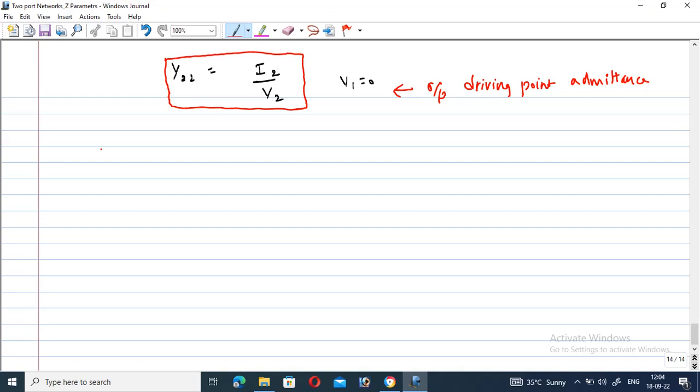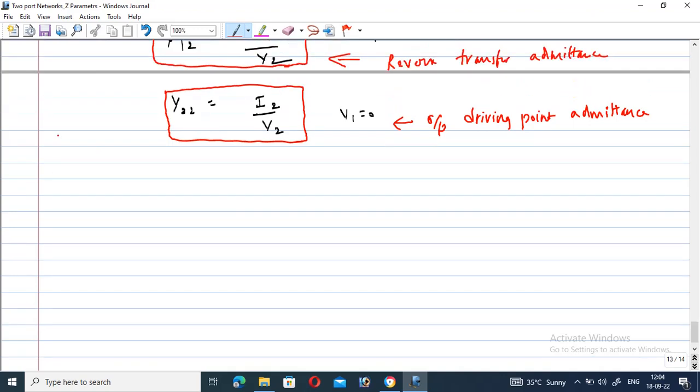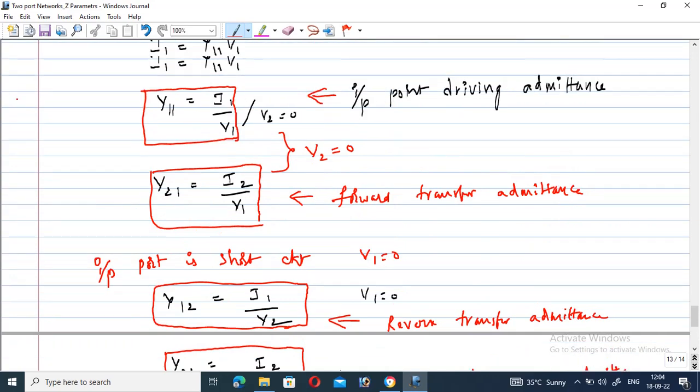Is there any minus sign in the equation? So better to see the short circuit considerations, right? From this equation, is there any possibility from the short circuit of those two?